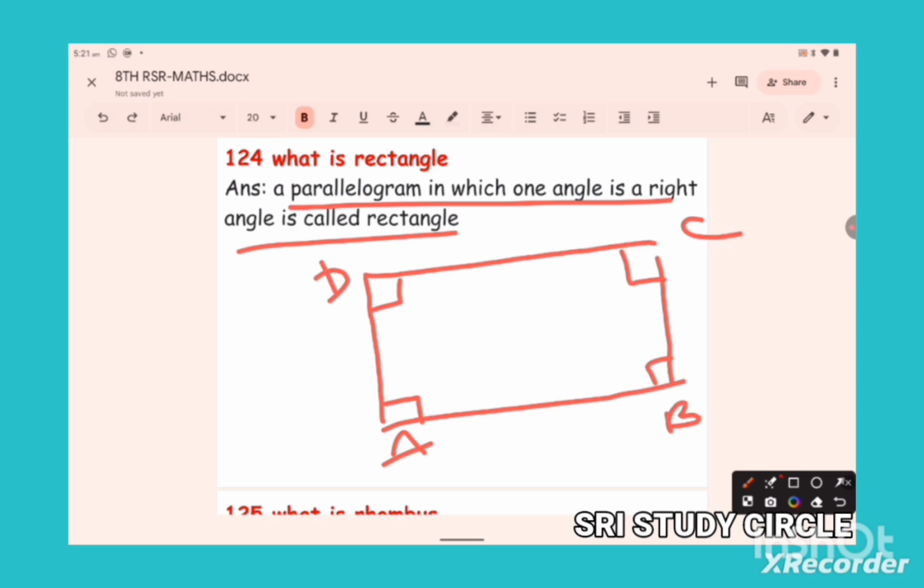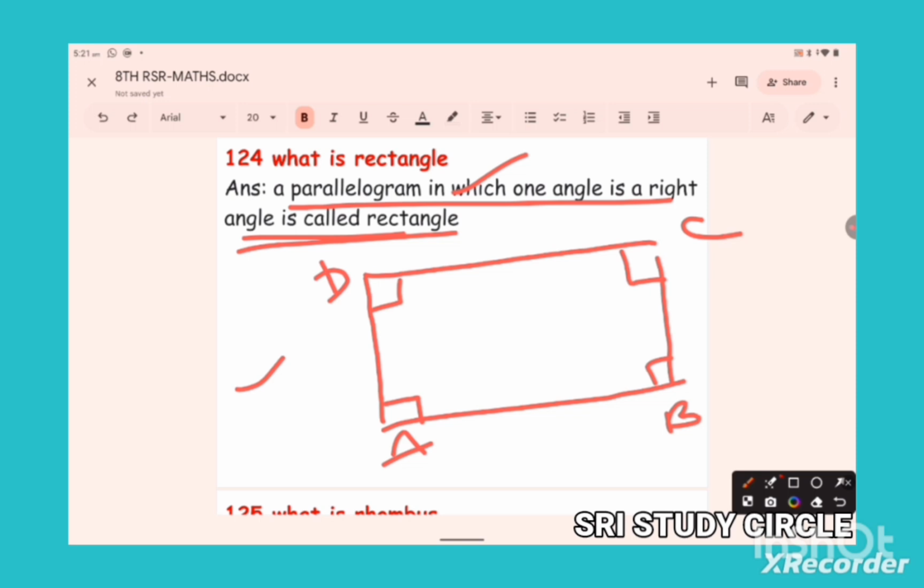Lengths of the opposite sides are equal. Opposite angles are equal, but each angle is 90 degrees. So a rectangle means a parallelogram which contains at least one angle of 90 degrees.